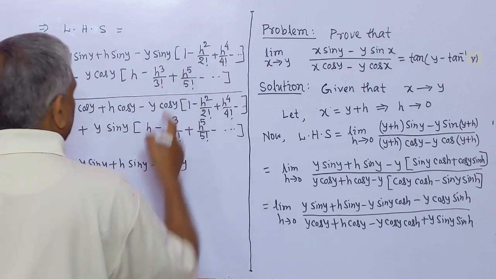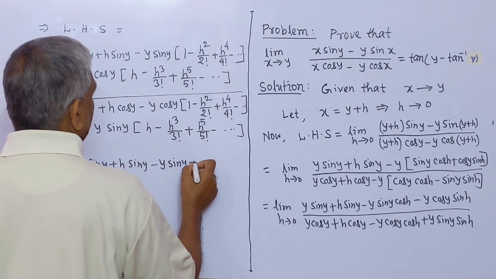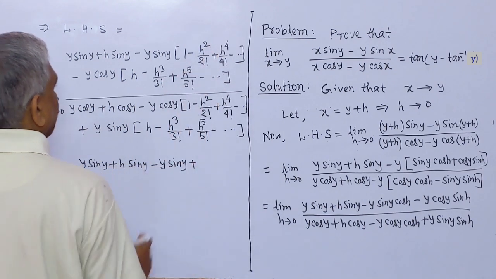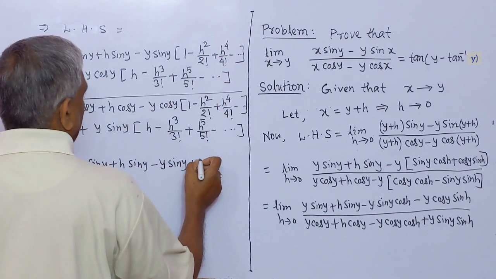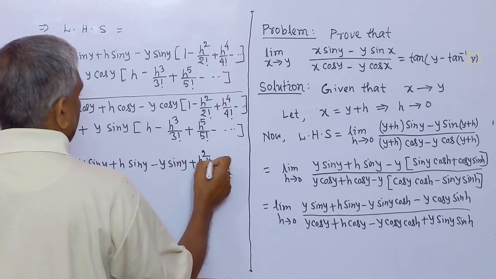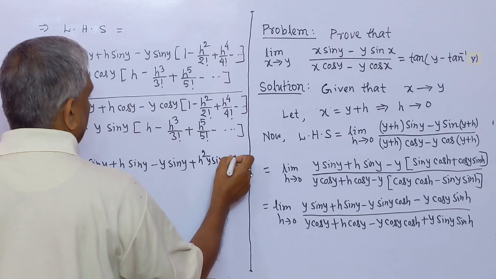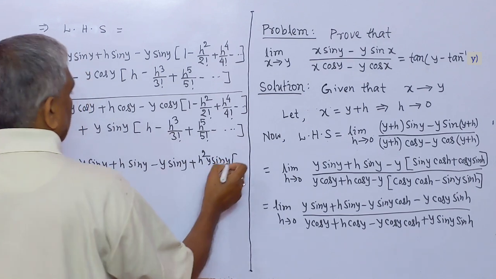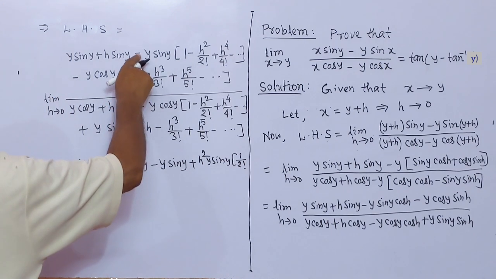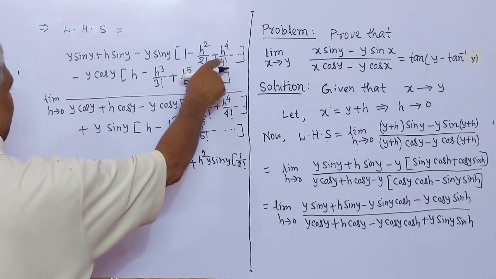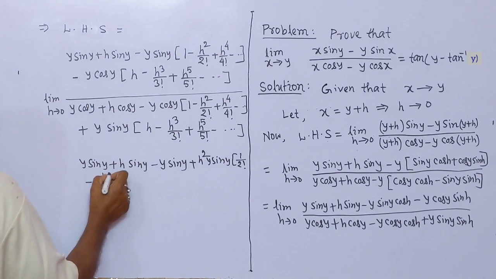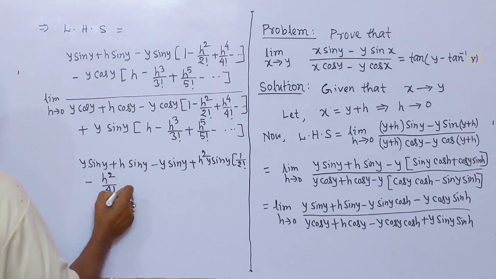Here minus minus plus, we take common h square, y sin y remains 1 by factorial 2. Here minus, here plus, so minus h square by factorial 4 dot dot dot.